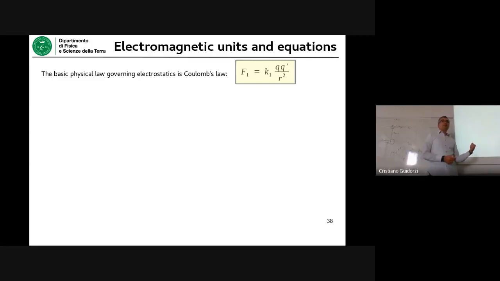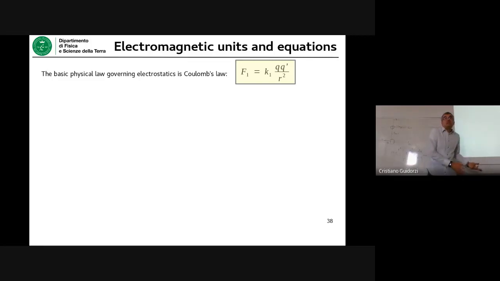By the definition of the ampere, you automatically get the definition of the Coulomb, the charge. So this K1 in the international system cannot be adimensional, because you already made an independent choice on the current and then on the charges. Here in the international system, Q and Q prime, the two charges, are in Coulomb. The force is a force, so Newton. So K1 cannot be adimensional, and consequently has already some units of measure in the international system.